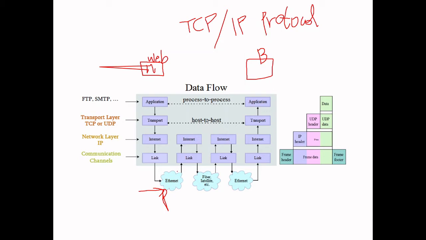At the physical layer you can have Ethernet cables used to connect machines together, or fiber communication or satellite communication. Different mechanisms can be used at the physical layer, and transmission of data happens as bits.